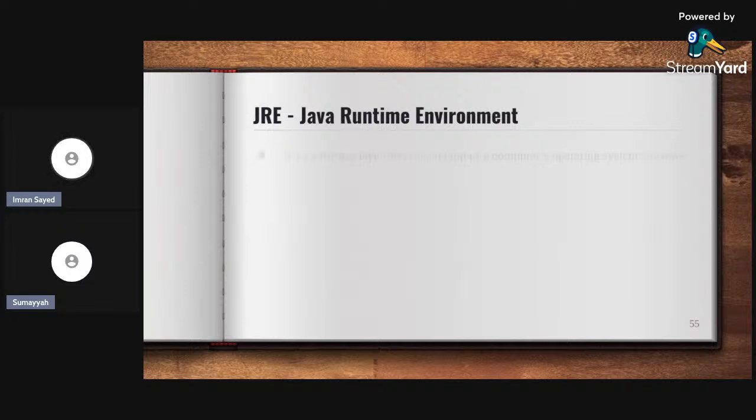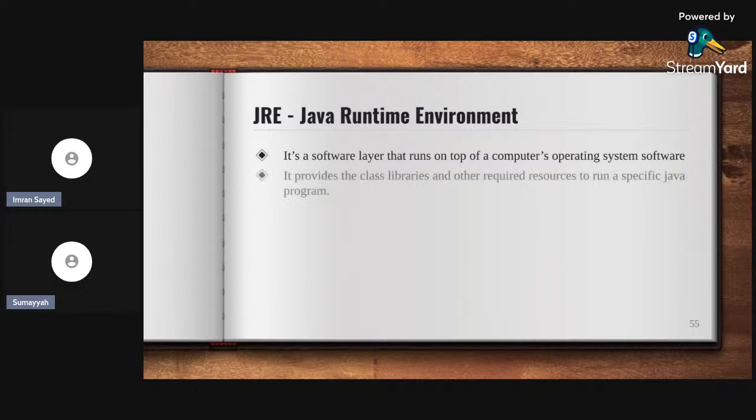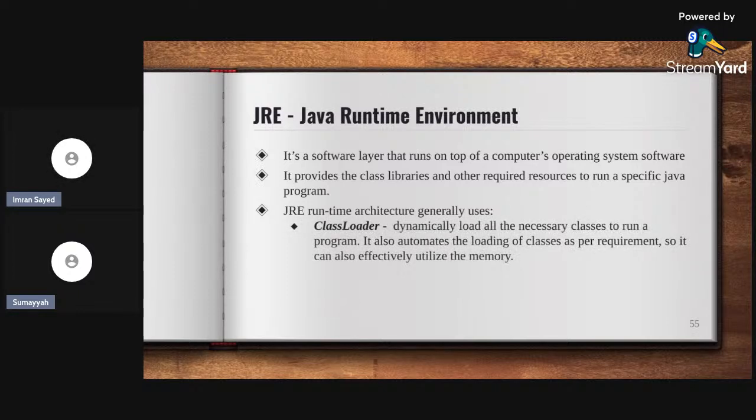Java Runtime Environment is a software layer that runs on top of the computer's operating system. It provides the class library and other required resources to run a specific program. The Java Runtime Environment architecture generally uses a class loader, which dynamically loads all the necessary classes to run a program.